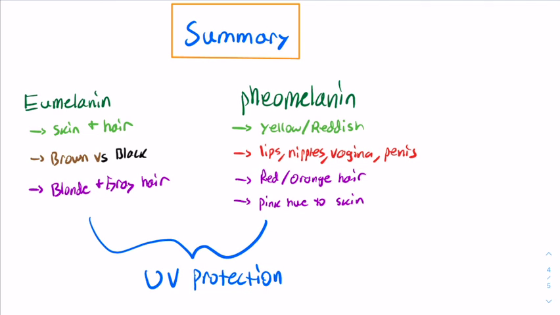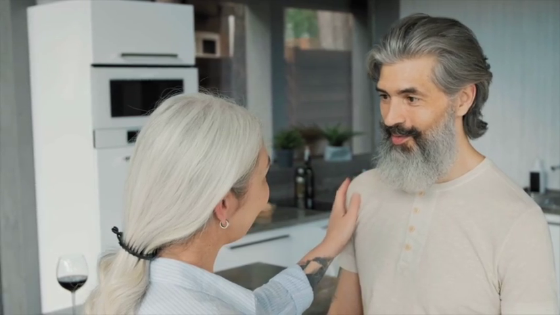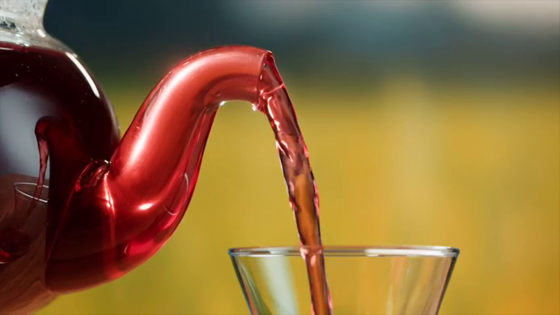So now we're going to do a summary. So eumelanin is present in the skin and hair. Brown eumelanin and black eumelanin are the colors and the types. If you have a small amount of brown eumelanin without any pigments, you get blonde hair. Small amount of black without pigments, you get gray hair. Pheomelanin then is yellow to reddish. It's present on the lips, nipples, vagina, and the penis.